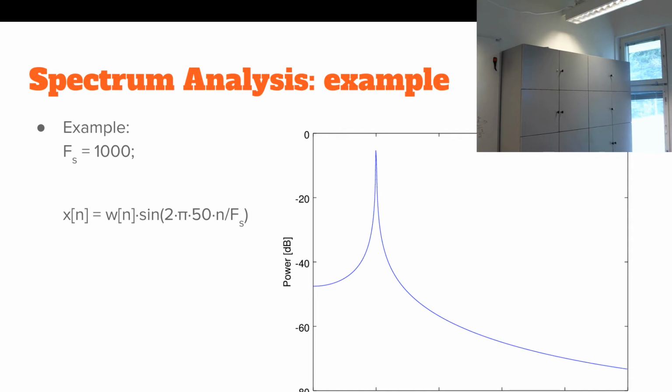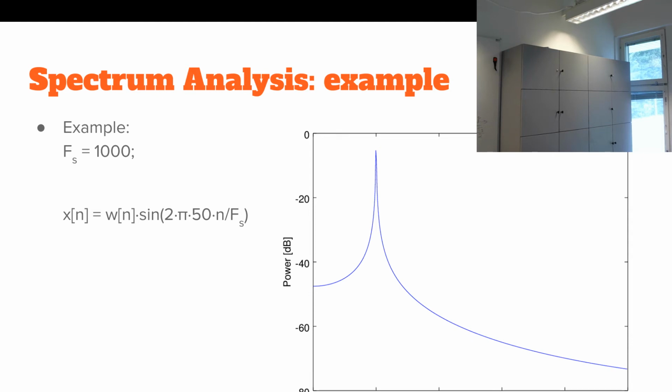Remember, just like in the case of the systems, these are actually mirror images. The same thing also goes with the signals. So we have the negative frequencies right here and the positive frequencies right here.